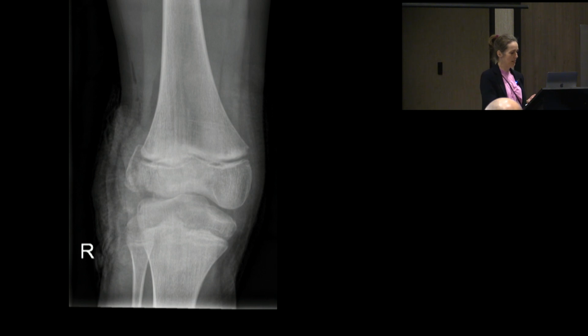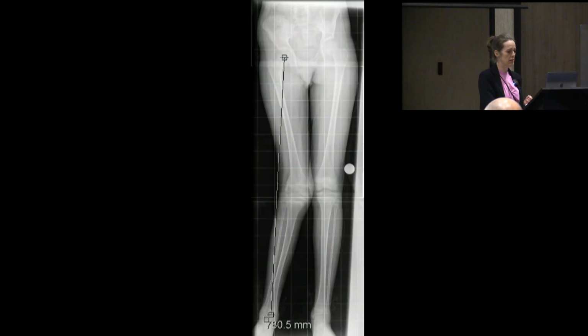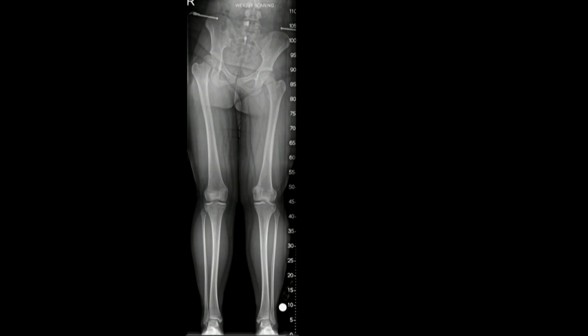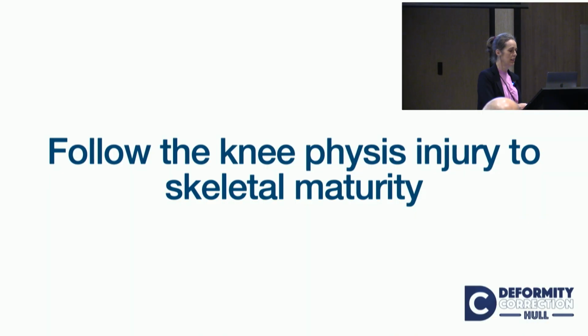And this kid who had an open physeal injury went on very quickly. This is only 7 months and he's got valgus in that leg. And this girl who seemingly had an anatomic reduction of this fracture early developed leg length discrepancy and didn't present with that until she'd finished growing. So my message there is any knee physis injury, follow to skeletal maturity to make sure you don't miss developing deformity.